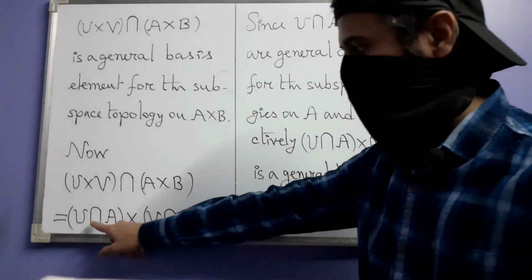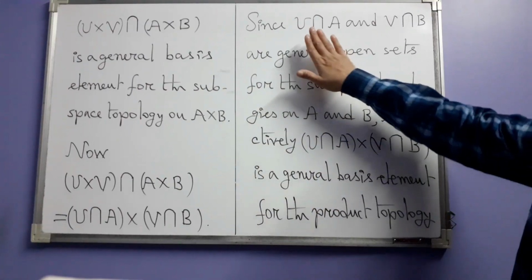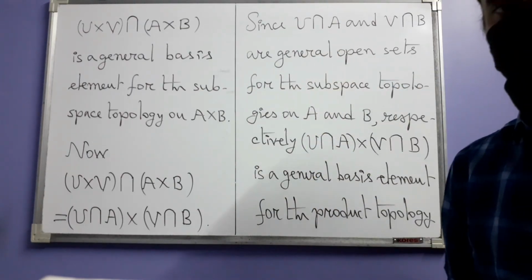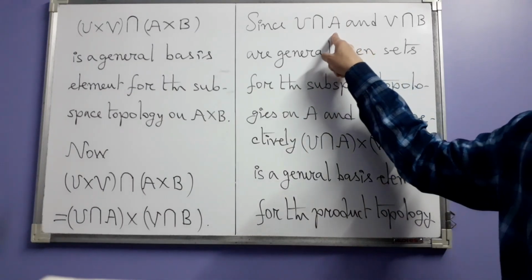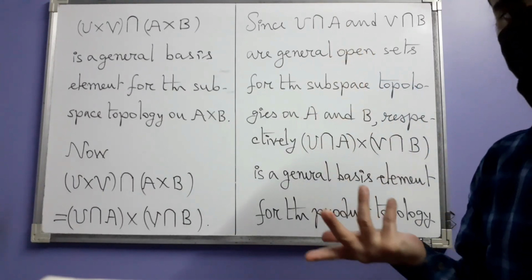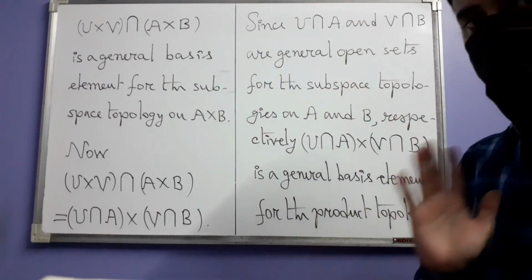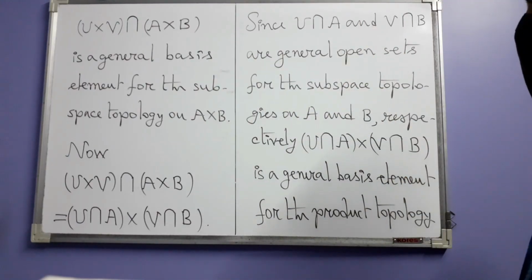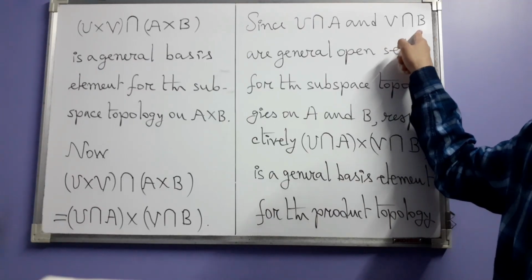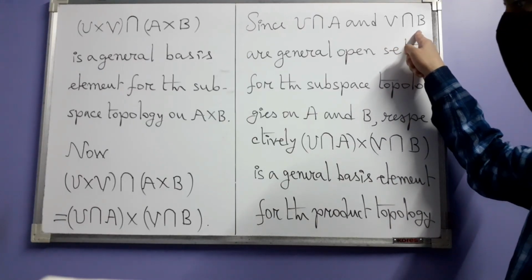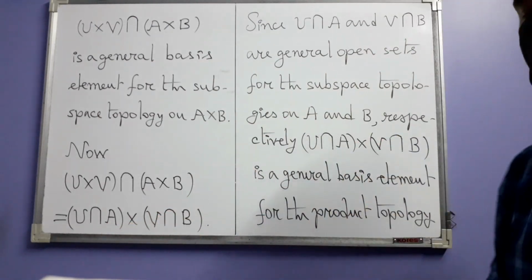It's the Cartesian product of U intersection A and V intersection B. Now you look at U intersection A. This is how a general open set in the subspace A looks like, because by the definition of subspace topology, this is how open sets in A look like. Similarly, this is how a general open set in the subspace B looks like. And here we are looking at products of general open sets.